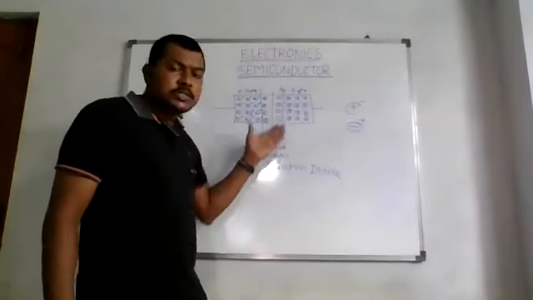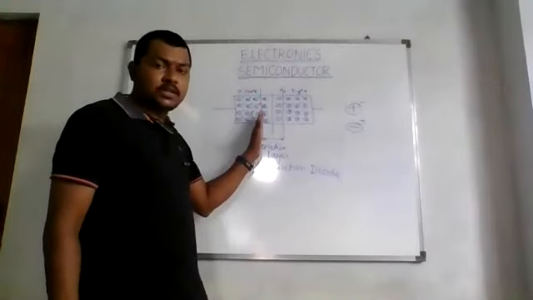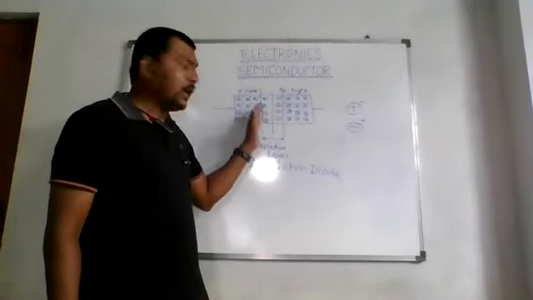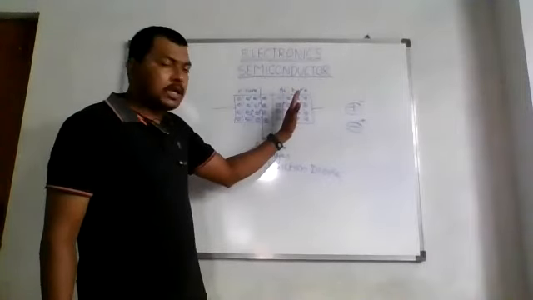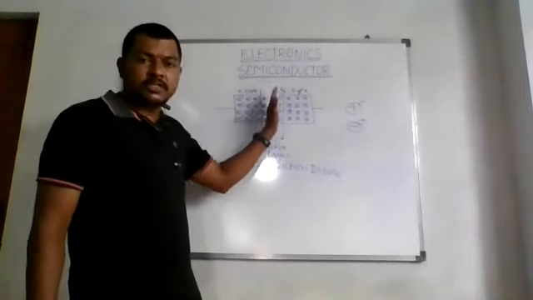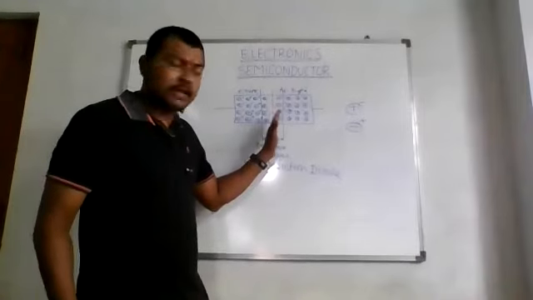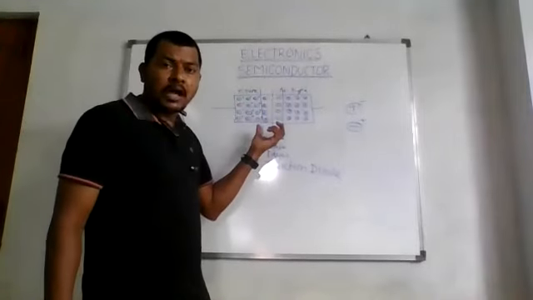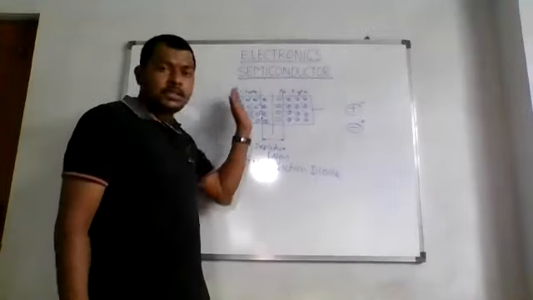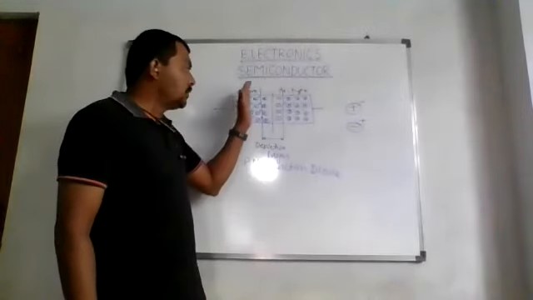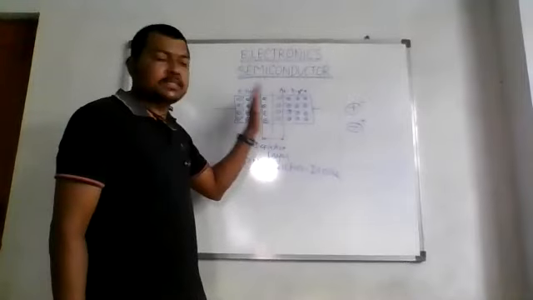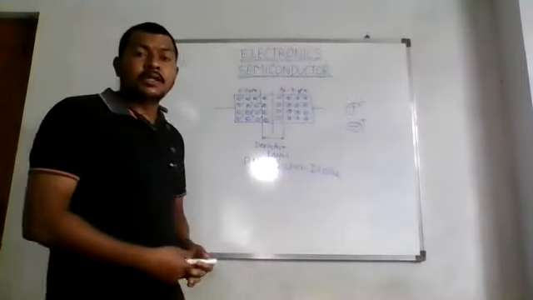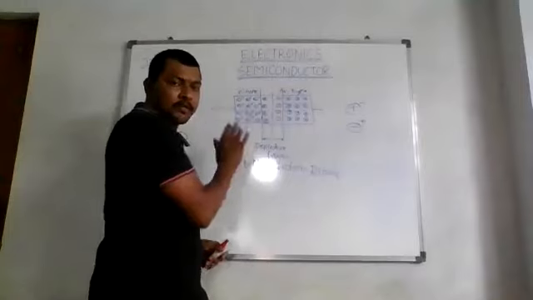And due to this neutral portion, the positive ions repel the positive holes from moving from this side to this side, and again the electrons will not move because of this negativity. Likewise, this is how the electrons and holes are prevented from jumping from this side to this side, and therefore it is called a depletion layer, right?